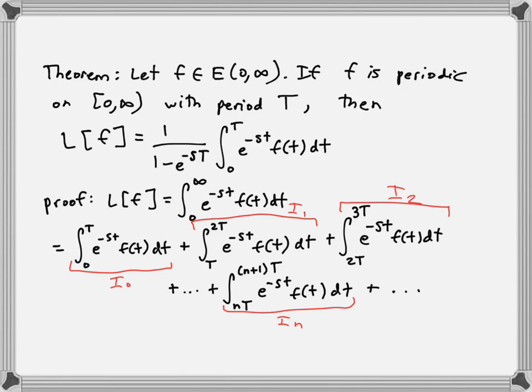What I want us to do is solve what these would be and then plug it back in. So what we're seeing is that the Laplace of f is going to equal the sum from n equals 0 to infinity of I_n. The whole point is if we can figure out what I_n is, then we should be able to plug it into this and see what we get for the sum.